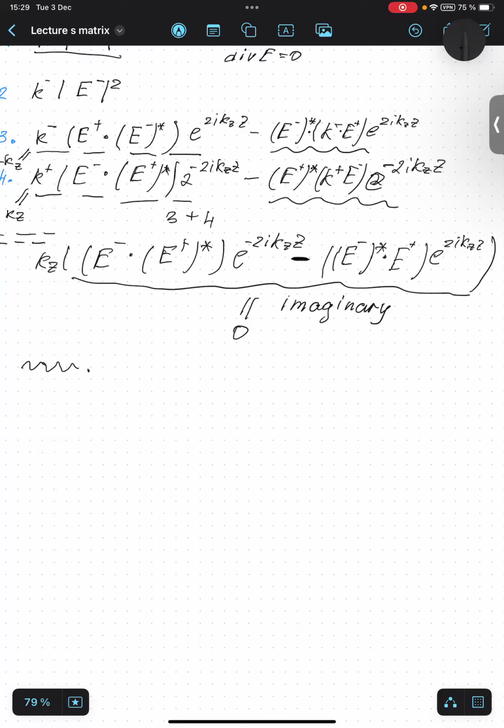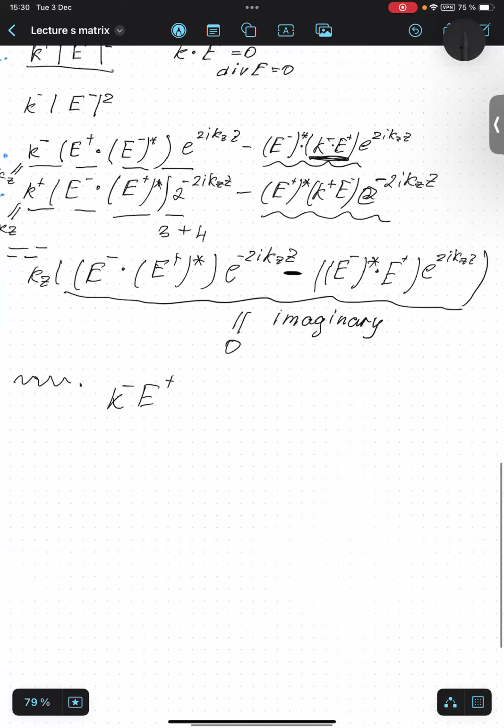These wavy lines. How can we rewrite this multiplication? So k minus e plus. It is obviously kx e plus x minus kz e plus z.